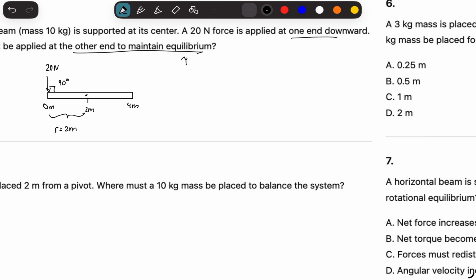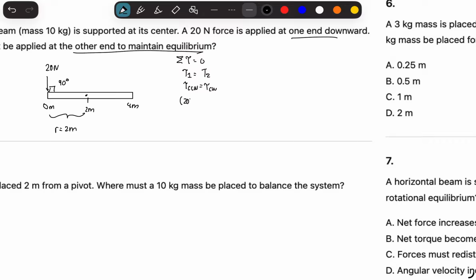You have to set your torque equal to 0. So your torque 1 will equal your torque 2, aka your torque counterclockwise is equal to your torque clockwise.